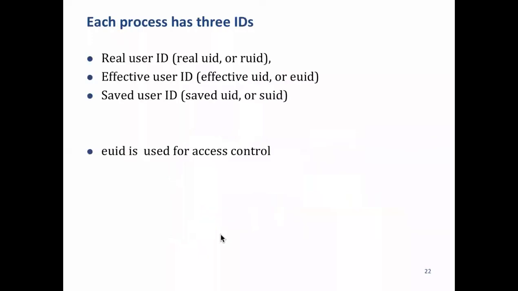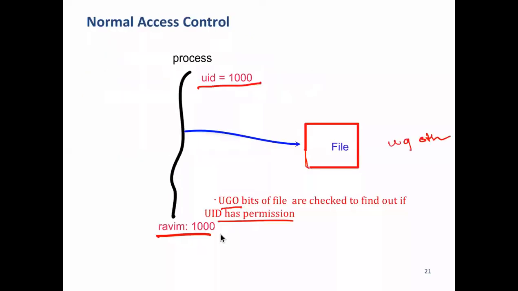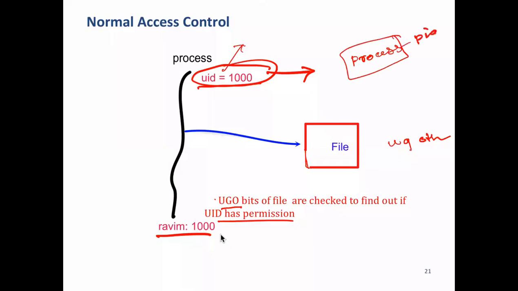Now, if I am in the others category, then whether permission is there or not, accordingly I will be allowed to read or write a file. Now note that for every process in Unix, although we have defined only one ID, the user ID, there's also a process ID, PID.